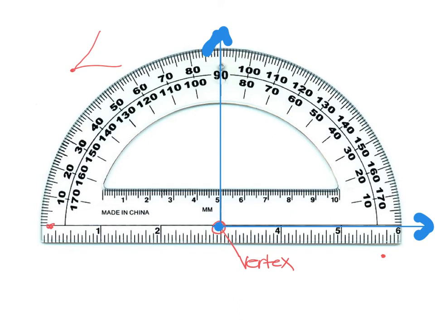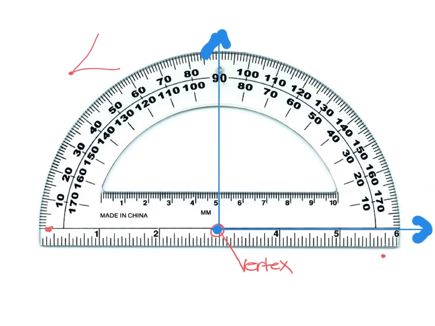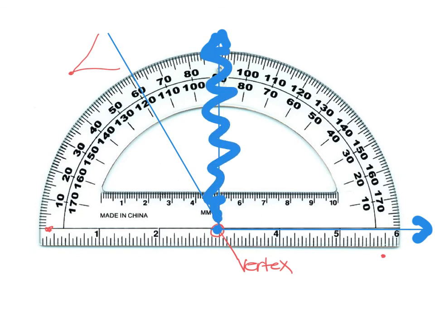But if I move this blue line this direction, and it was going from here to there, okay? So, in other words, forget this line for the moment, okay? But the vertex is still here, okay? But my line goes up this way.